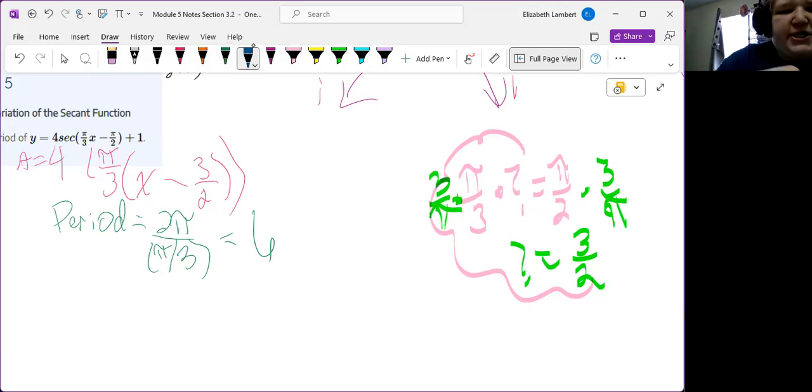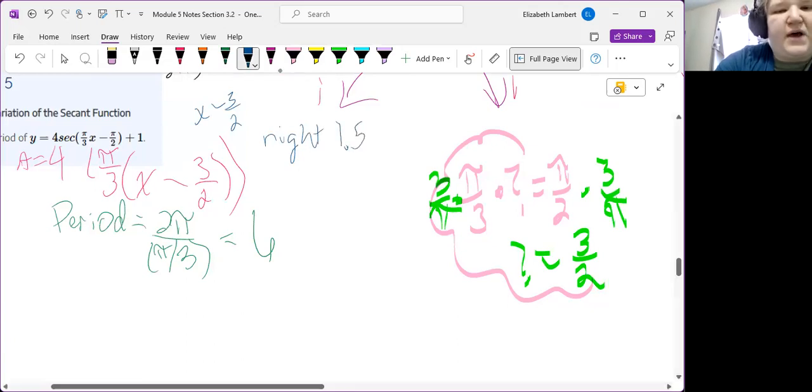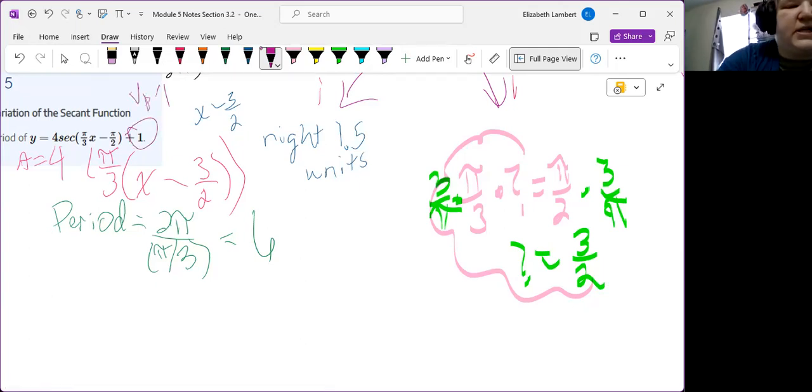Now our h here, the x minus 3/2, tells us we think minus would go left, so it's really going to go right, 1.5 units. And then our k value, the whole graph is going to get shifted up 1.